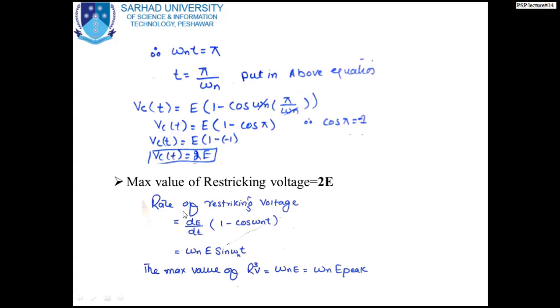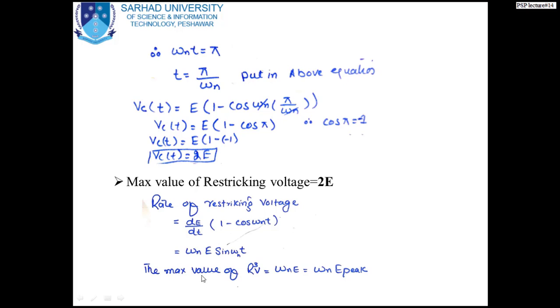And now next we have to find the rate of rise of restriking voltage. Rate of rise of restriking voltage is the differential of this. If we differentiate this, the differential of 1 is equal to 0, and the differential of minus cosine omega n t will be omega n E sine omega n t, right?